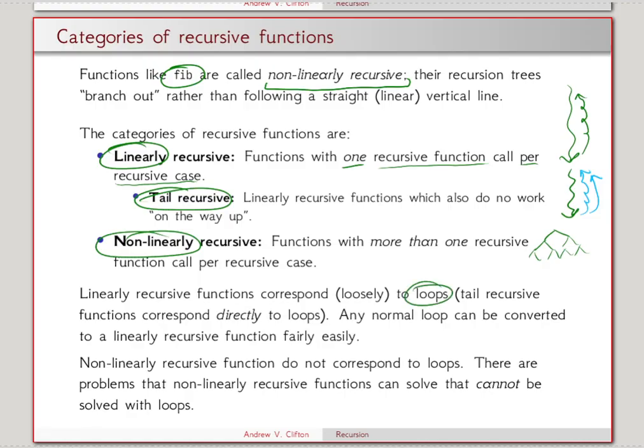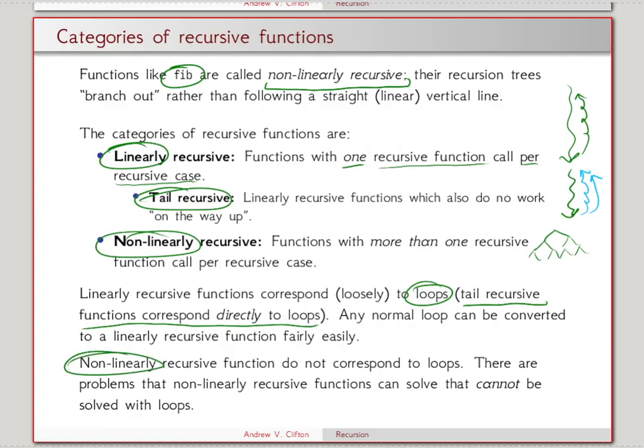That's what we started out with: we started with a loop and then translated it into a recursive function. The tail recursive functions correspond exactly to loops. Any loop can be directly translated into a tail recursive function. Any tail recursive function can be directly translated into a single loop. So they are one-to-one.